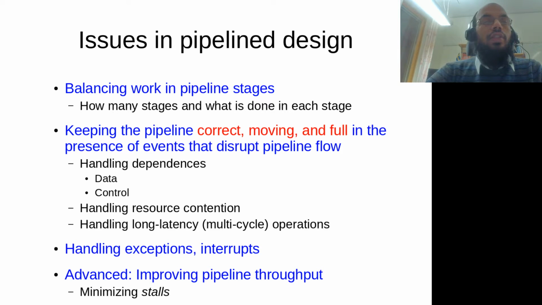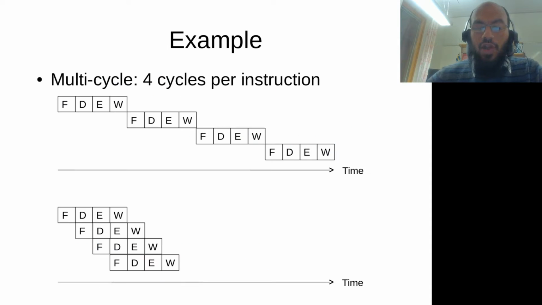You might need to handle things such as long latencies in execution. You need to handle exceptions and interrupts, because if you have an exception in this line, then you might want to flush everything that follows. So suppose, for example, from an operating system's point of view, you try to fetch an instruction that is outside of the memory that got allocated to you.